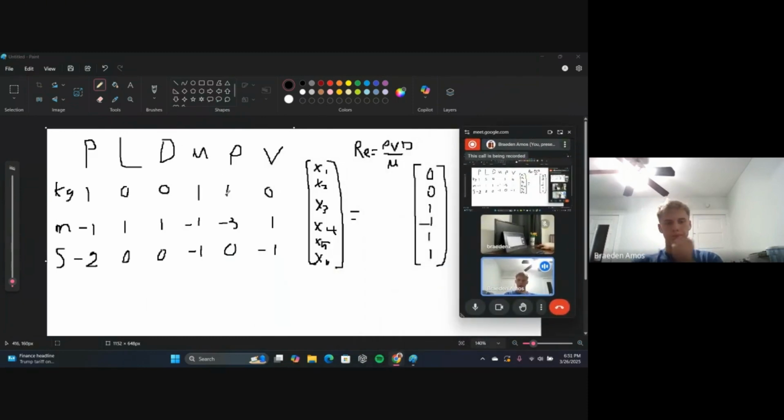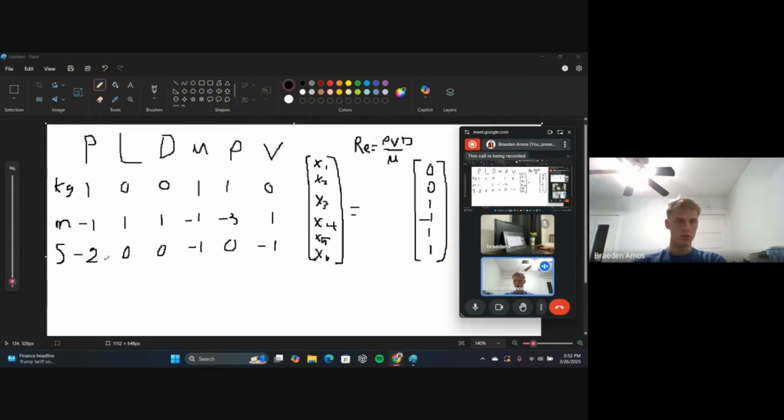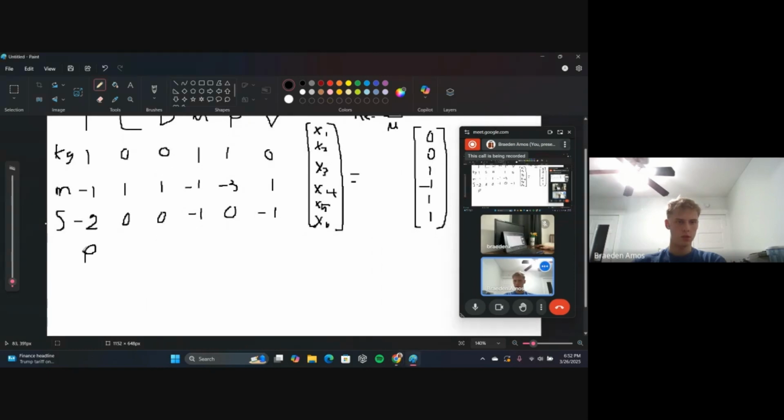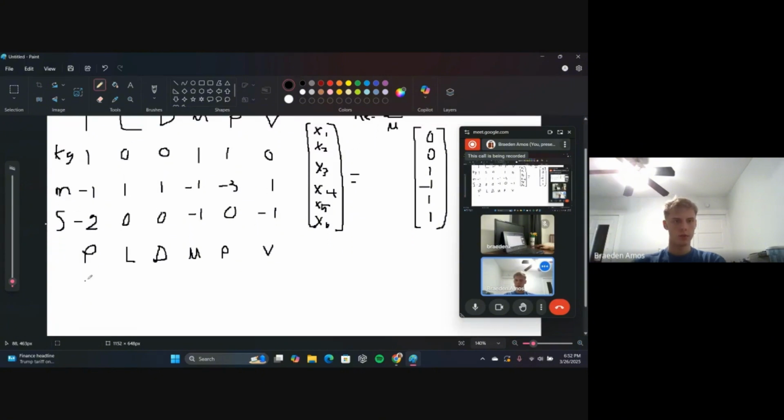So now we can start reducing this matrix because we basically want an identity matrix on the left side, so we need to reduce it so that we get that. So I'm going to rewrite the things down here. This top row can stay the same, so we get 1, 0, 0, 1.